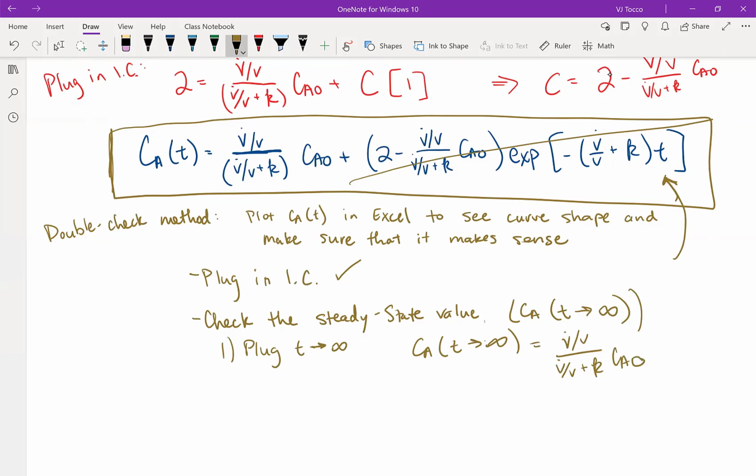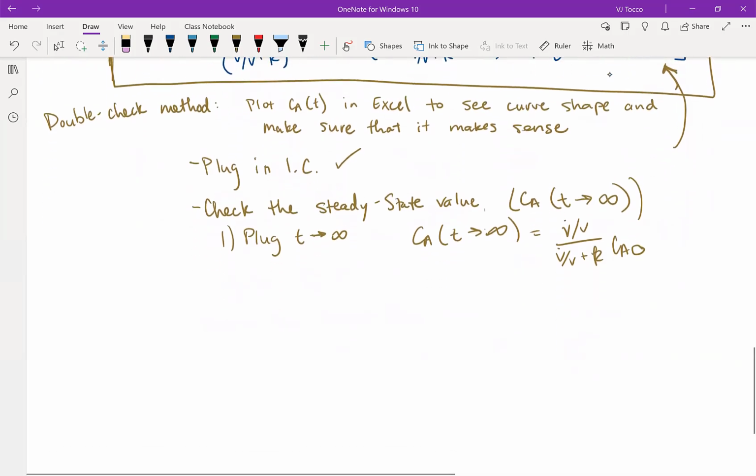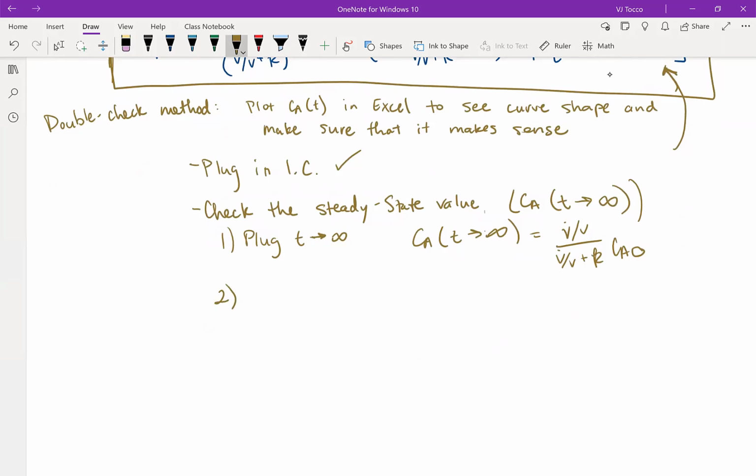All right, so I can plug in numbers and I can see what exact number value that is. But another way that I can double check is to solve for CA when dCA dt is equal to 0.